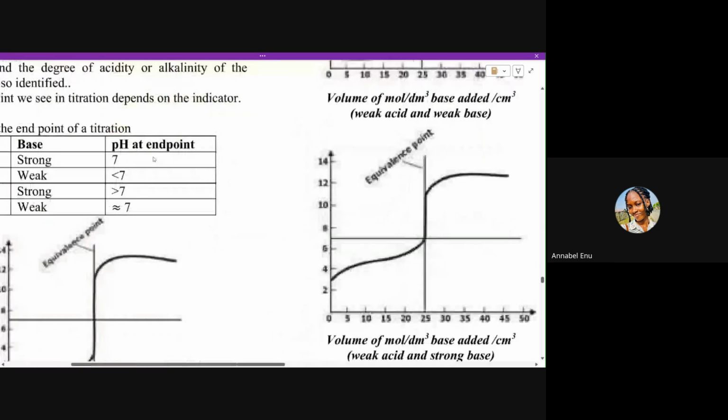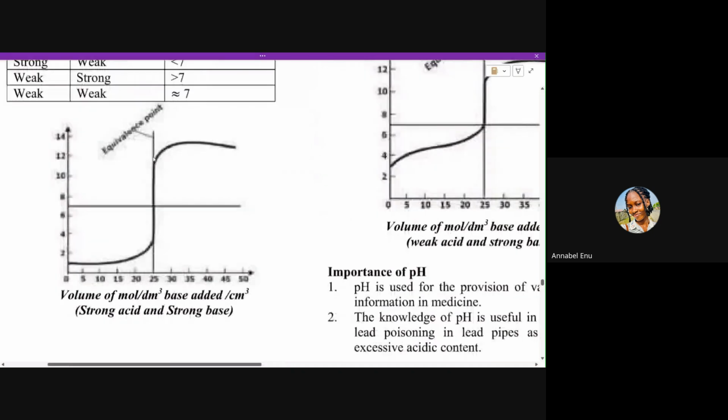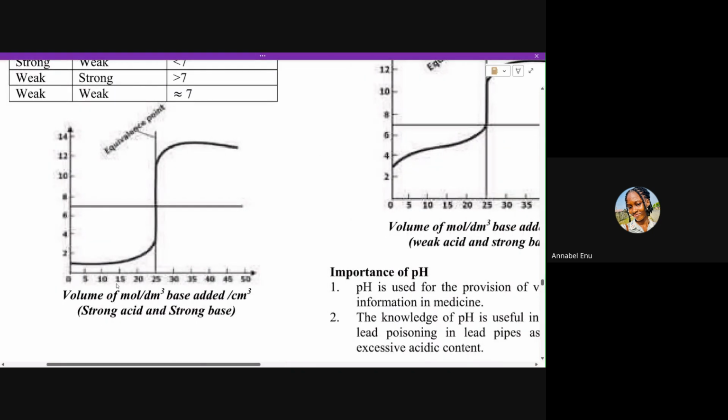Now this one at the beginning is for a strong acid and strong base. We can see the trend that the reaction will start slowly, and then for some time it goes fast until it ends up in the equivalent point and goes just straight.